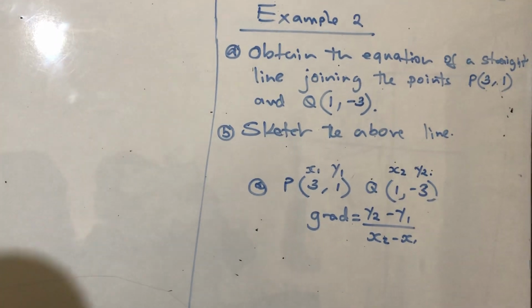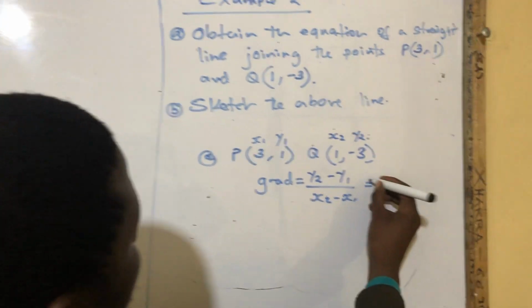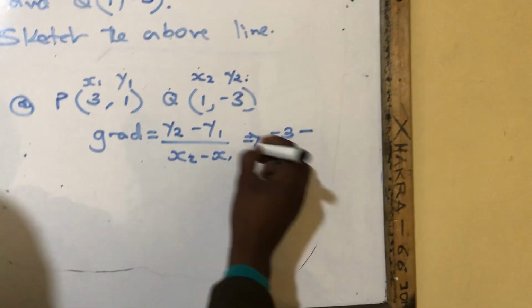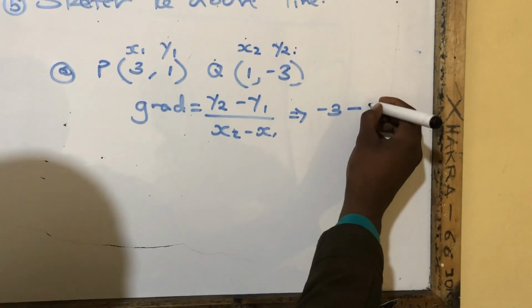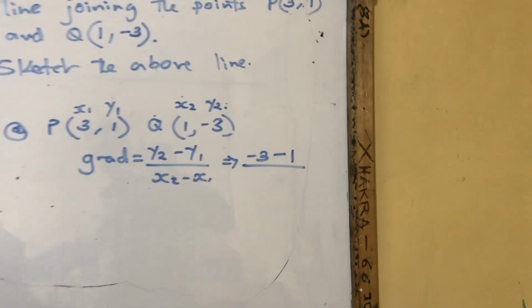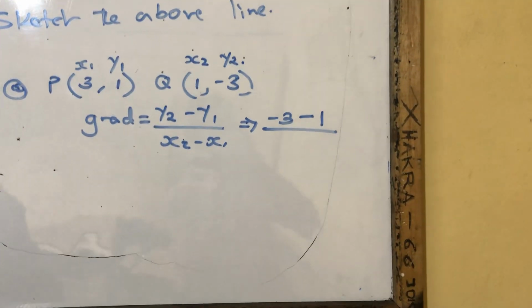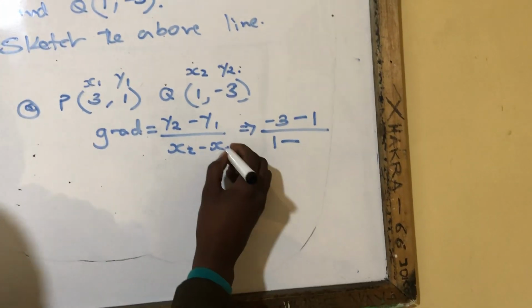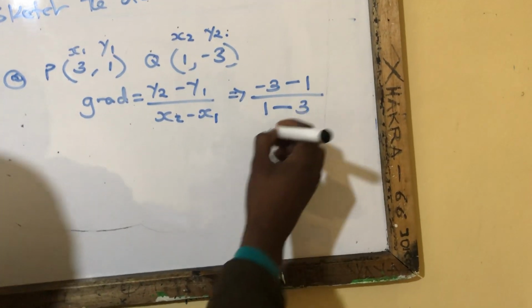What is our y2 in this case? It is -3 minus y1, which in this case is 1. I'll put this over x2. What is our x2? 1 minus x1, which is 3.